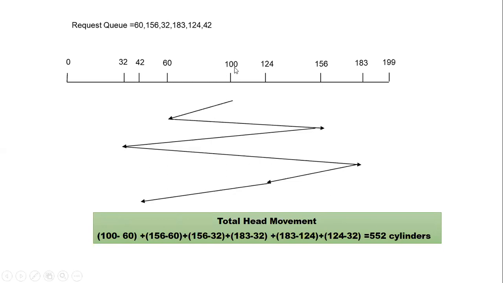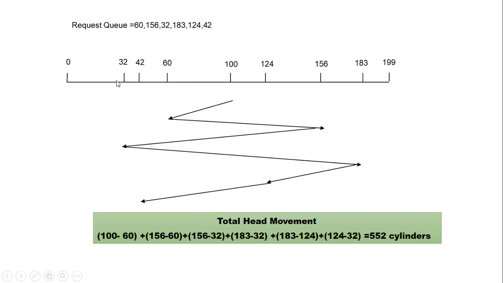So from 100, it moves to 60. So the number of cylinders moved from 100 to 60 is 100 minus 60, plus from 60 it moved to 156, that means 156 minus 60. Then from 156, it moved to 32, so 156 minus 32.